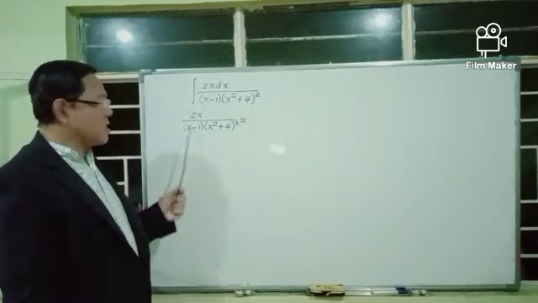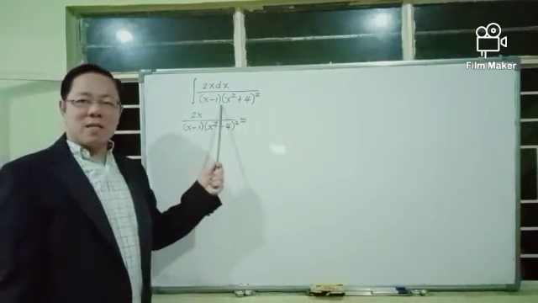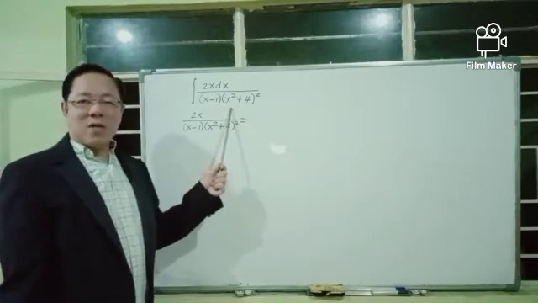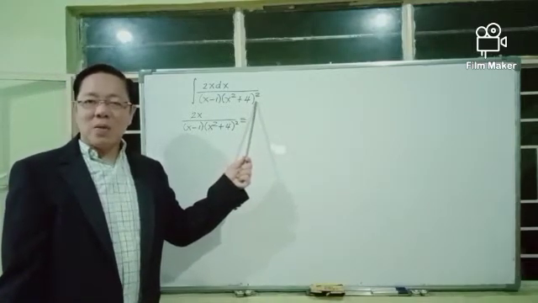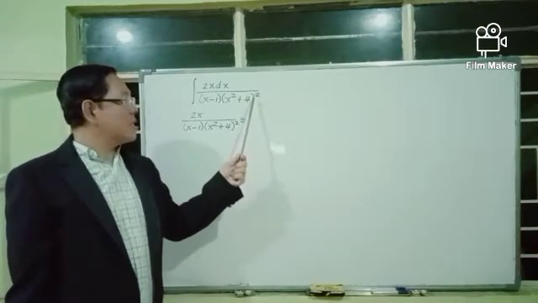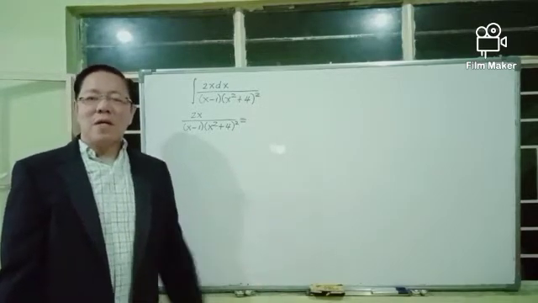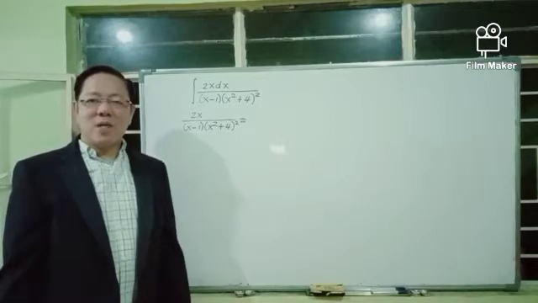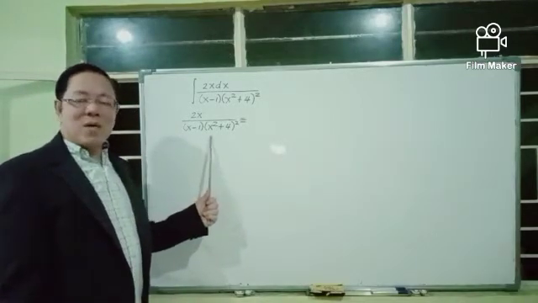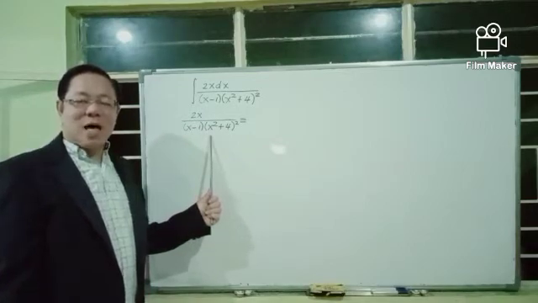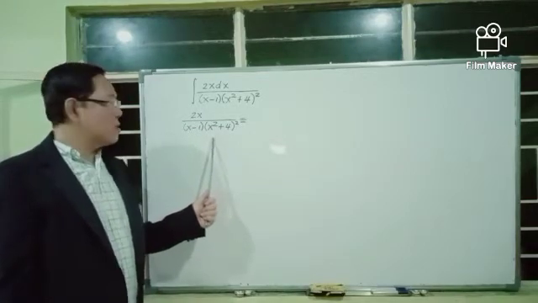This quadratic factor is repeated twice as indicated by the exponent. To start with, we write this rational expression as a sum of partial fractions.